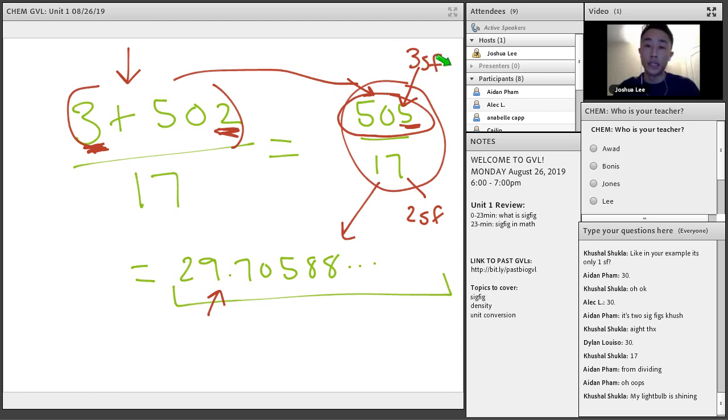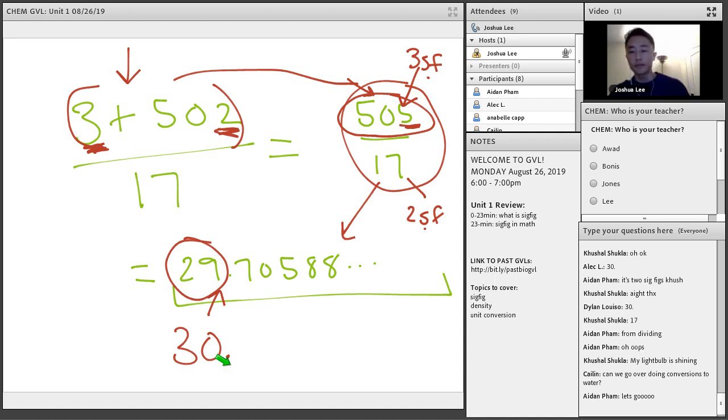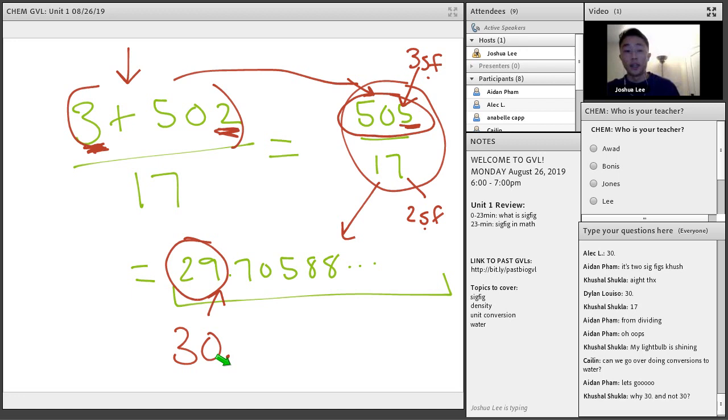Between 3 sig figs and 2 sig figs, my answer needs 2 sig figs. So the answer is actually 30, because we needed 2 sig figs based on this right here.